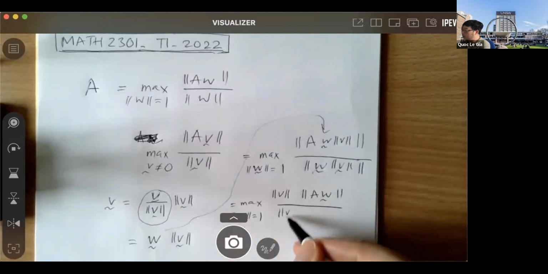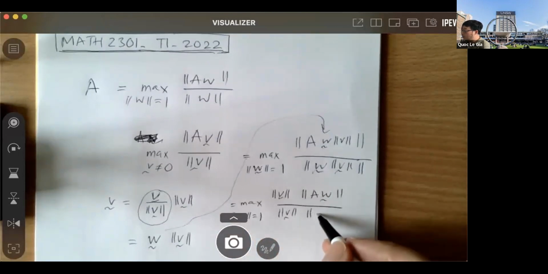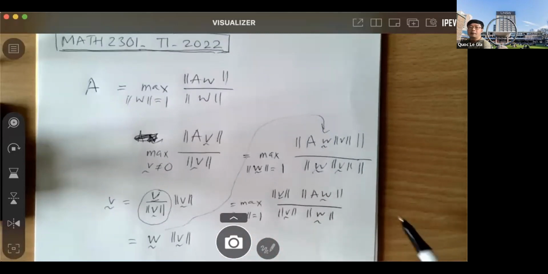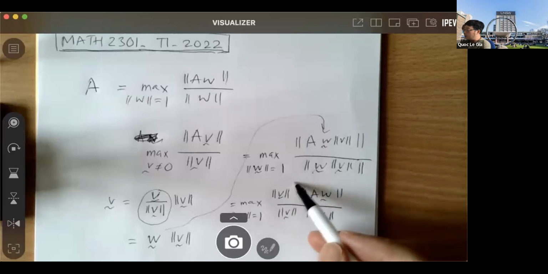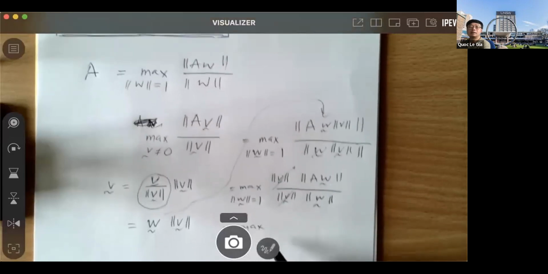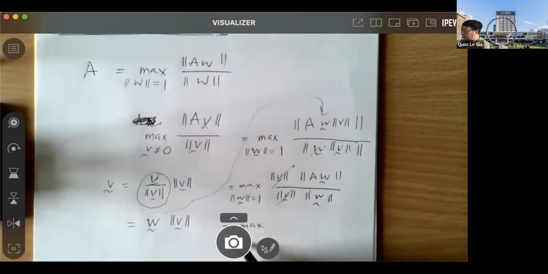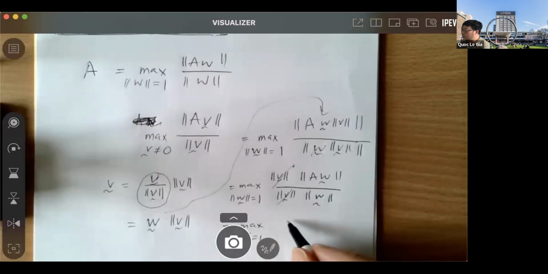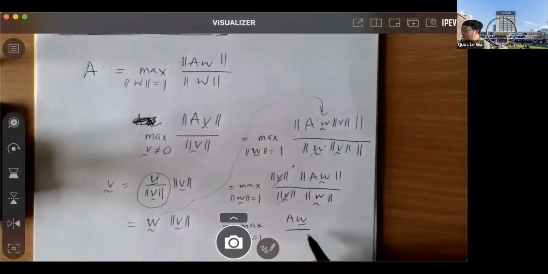The same happens in the denominator. And since V is a non-zero vector, you can cancel this. Then you get exactly the first equality. So the two definitions are equivalent.